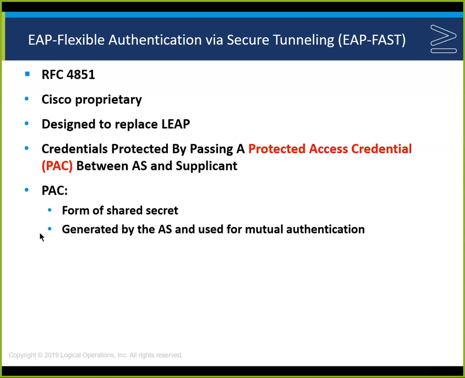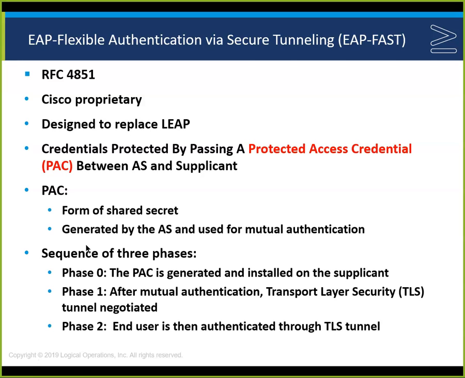The PAC, the protected access credential, forms a shared secret generated by the authentication server and used for mutual authentication. It's going to have 3 phases. The PAC is generated and installed on the supplicant, the one that's trying to get on. After mutual authentication, a tunnel is negotiated.